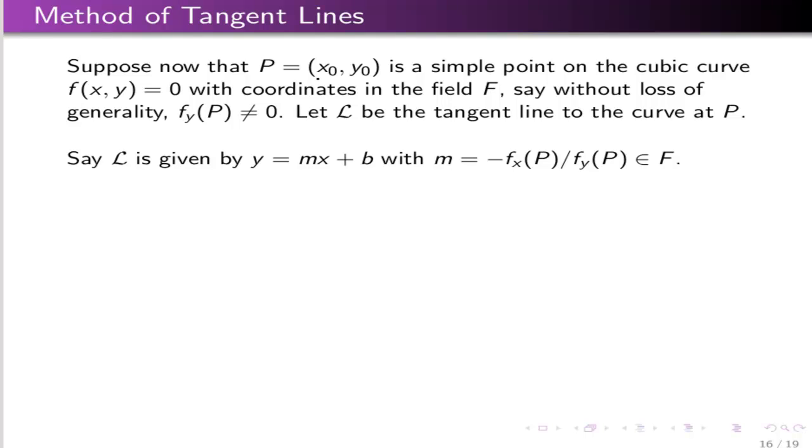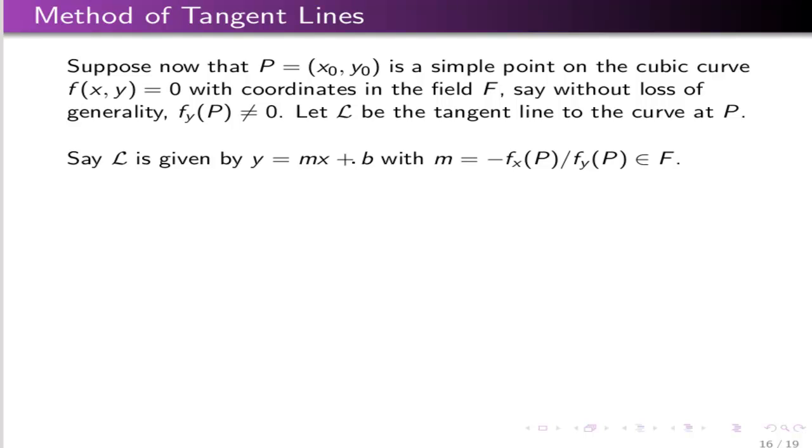So let's let x0, y0 be a simple point on the cubic curve, so a non-singular point, and with coordinates in a given field capital F. So let's say without loss of generality that the partial derivative with respect to y is not equal to 0. Let L be the tangent line to the curve at the given point P. Then L is given by some equation, y equals mx plus b.